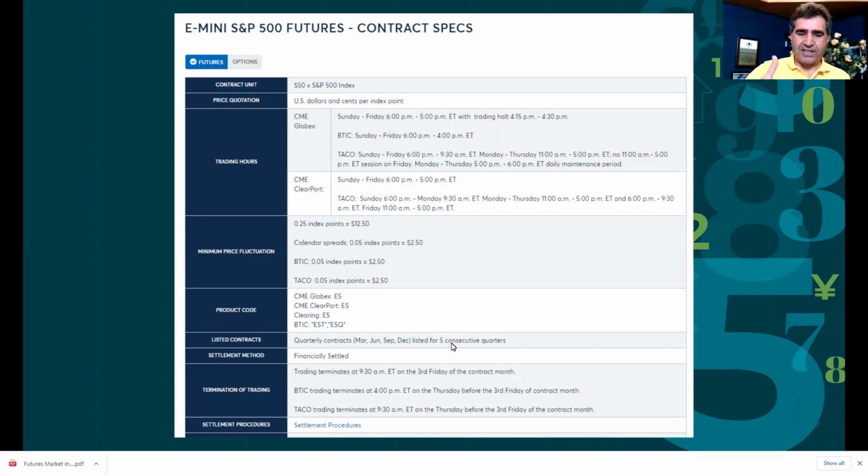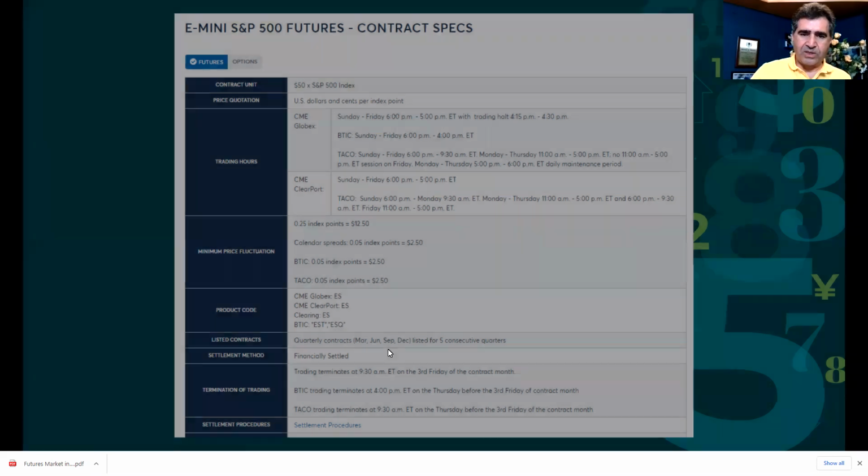So that contract expires, and the settlement method means financial. So nobody comes and delivers physical S&P 500 stocks. They don't bring all these stocks. So it is financial, that means really it's cash. So you receive whatever your gains are. And basically that's about it.